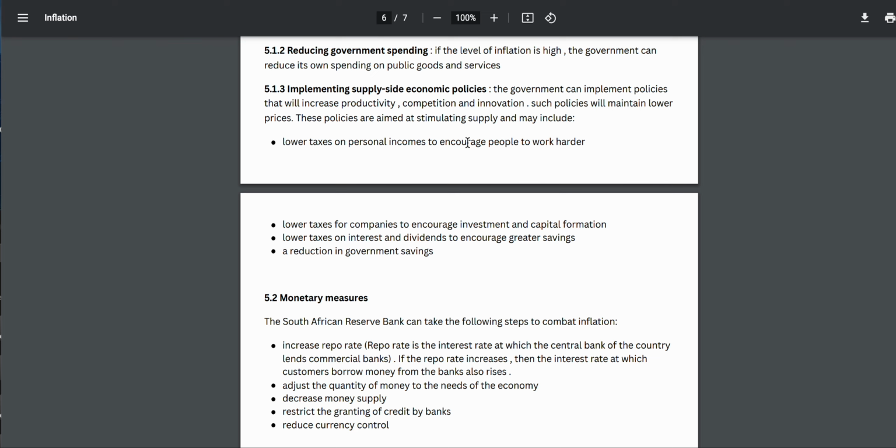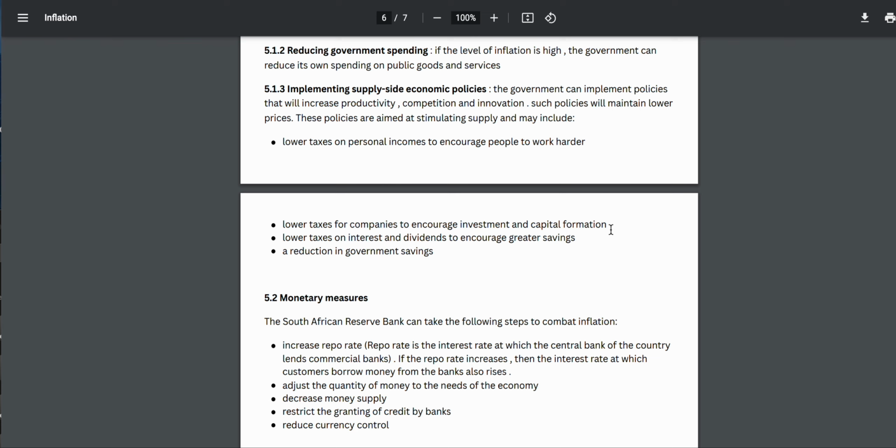The reason why many people migrate from certain countries, let's say a country like Canada, is that Canada has high tax rates. Because of this, it discourages someone from continuing to work, and therefore they end up moving to other countries. There can also be lower taxes for companies to encourage investment and capital formation.